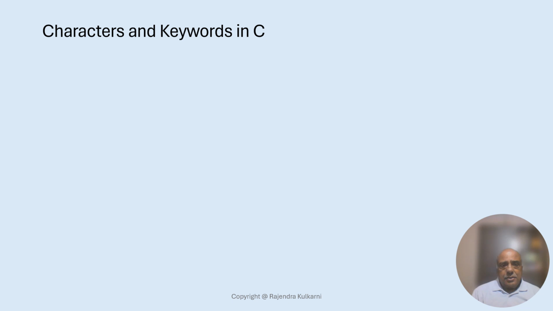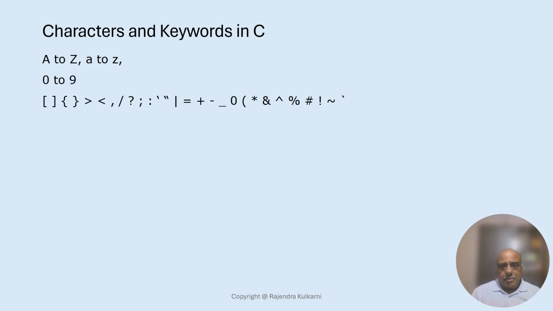In C, there are characters which are used in natural language, English-like language. It recognizes all the characters of the English language. It recognizes the symbols. It recognizes the digits.